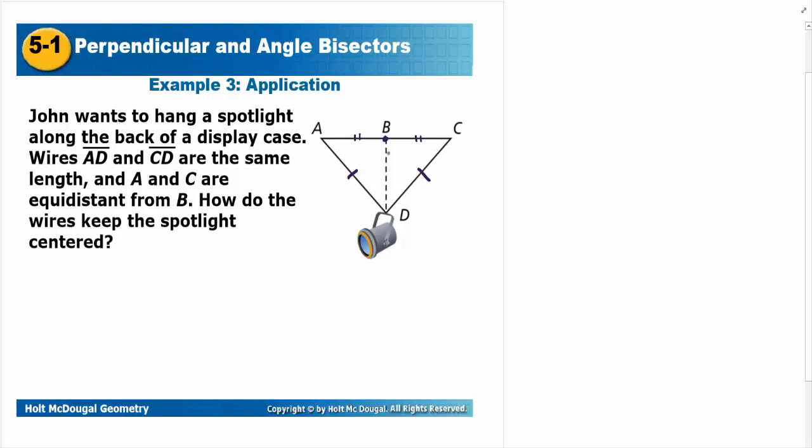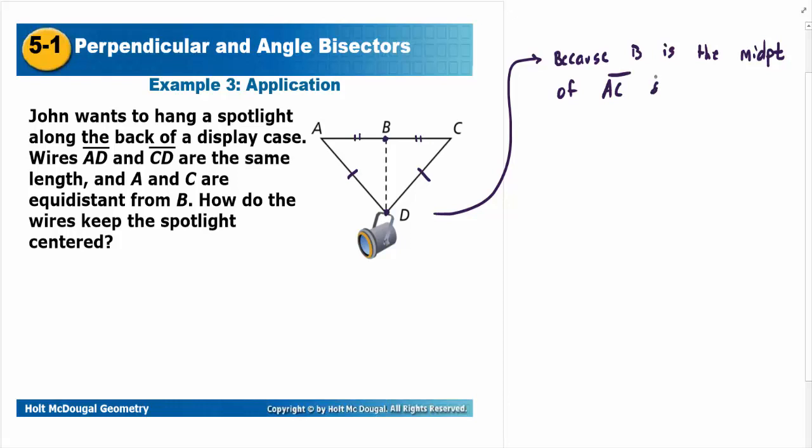The spotlight's on point D. So all you'd have to do here is explain that, because B is the midpoint of AC, and AD is congruent to CD.